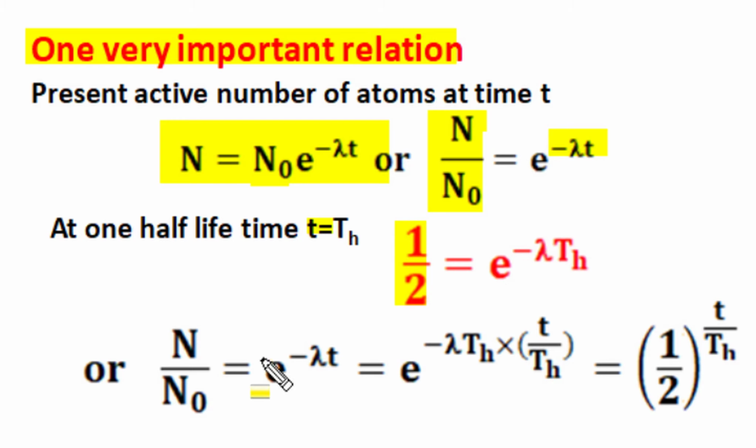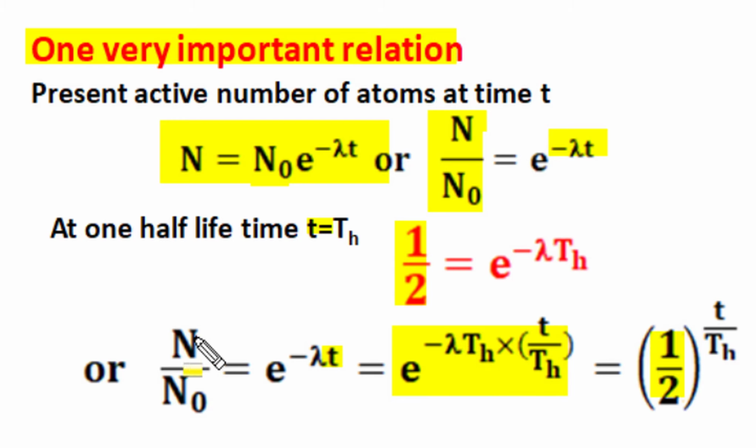Now in e raised to power minus lambda t, this t can be converted by multiplication of T half in numerator and denominator as in this expression, and from the above relation e raised to power minus lambda T half is equal to half.